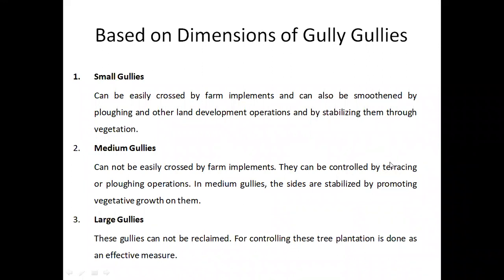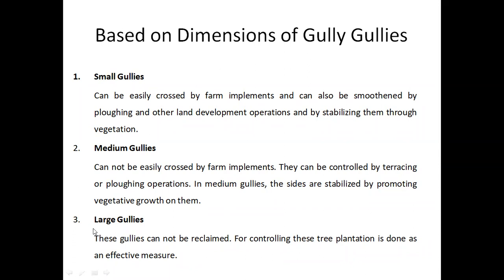Terracing means bench terracing or plowing operations, but with some limited provisions. In medium gullies, the sides are stabilized by promoting vegetative growth on them. The sloping sides of the medium sized gullies are controlled by promoting vegetative growth over the sloping surfaces.